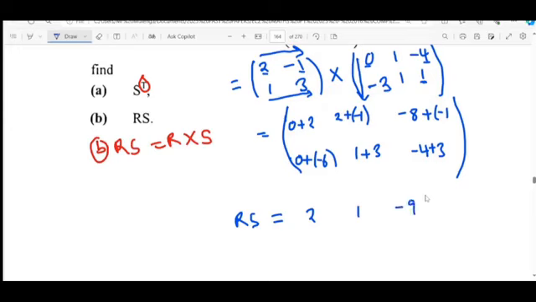Then at the bottom, 0 plus -6 gives -6. 1 plus 3 gives 4. -4 plus 3 gives -1. So this is our answer. This is the matrix for RS.